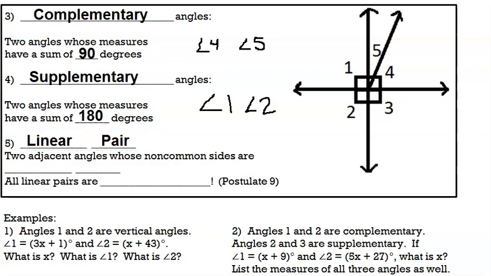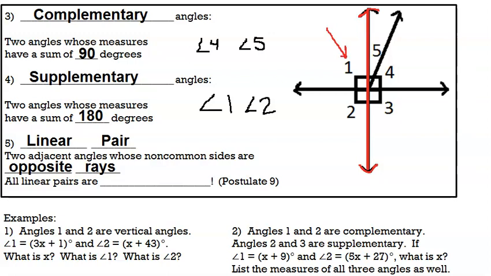And this would be two adjacent angles, so it has to be next door neighbors, and the non-common sides are opposite rays. So again, that would be something like 1 and 2, because if you look, they were both formed from the same line. So we have a line here, the one I'm going to highlight in red, and from that line, we broke up that straight angle into two separate angles.